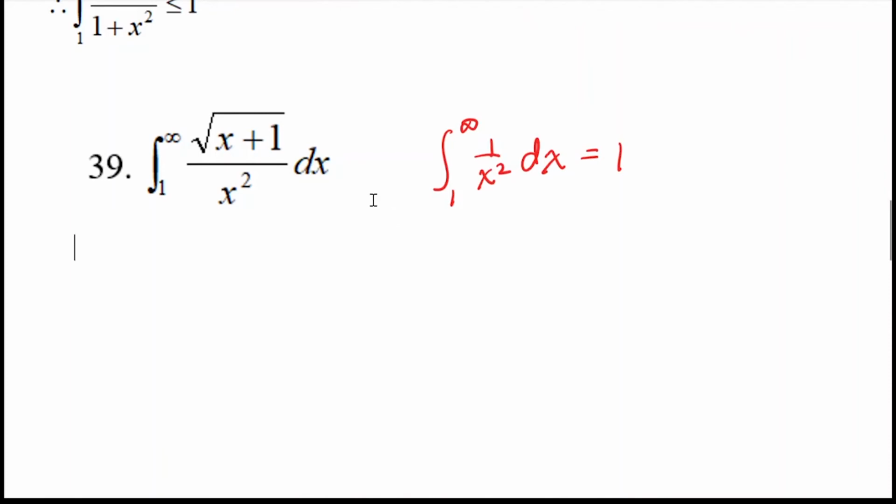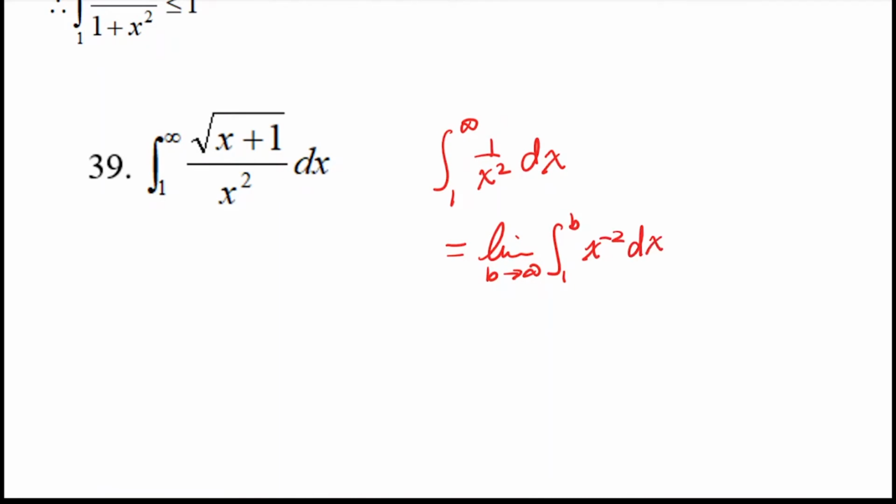Okay? So I'm going to go ahead and evaluate this integral anyway. So this one will turn out to be the limit as b approaches infinity of the integral from 1 to b of x to the negative 2.